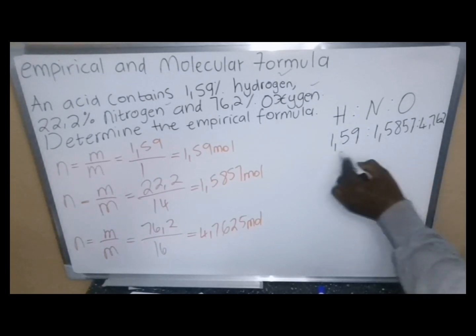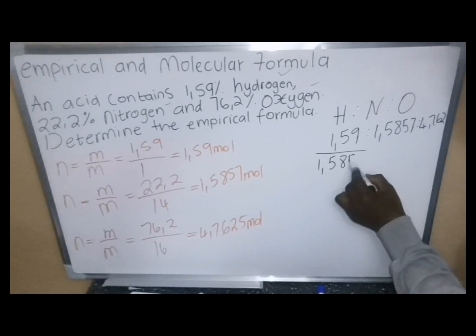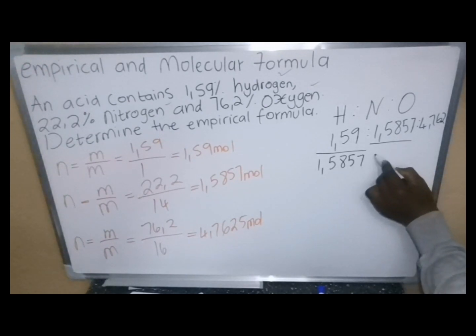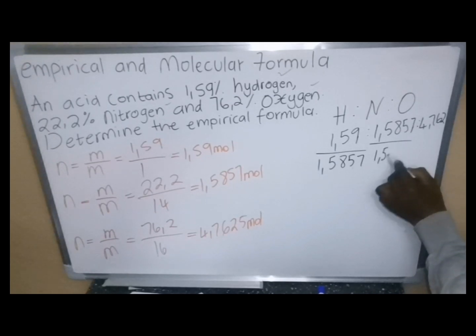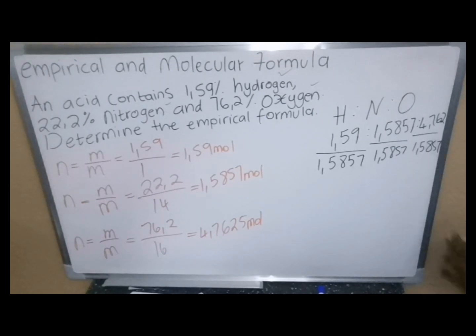Therefore, we're going to divide all 3 by 1,5857. So the first one, 1,59 divided by 1,5857.